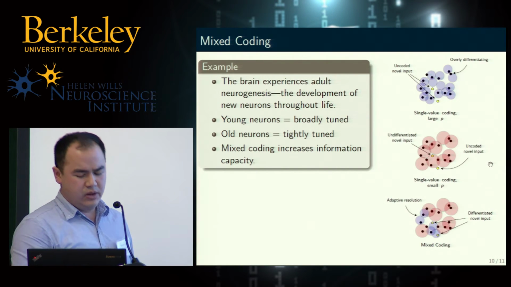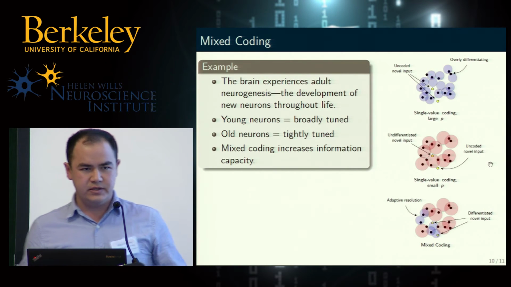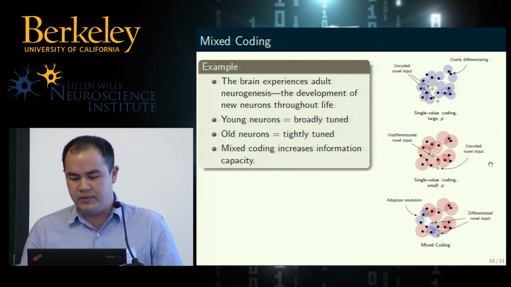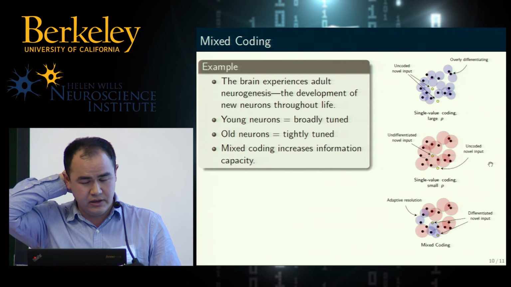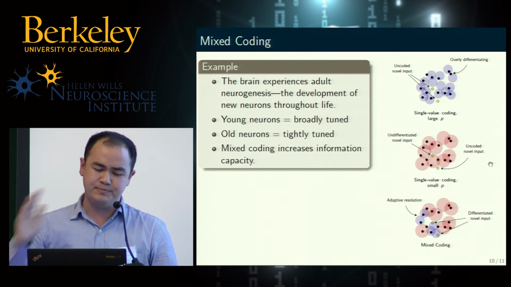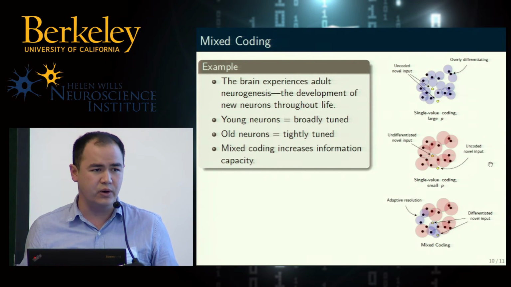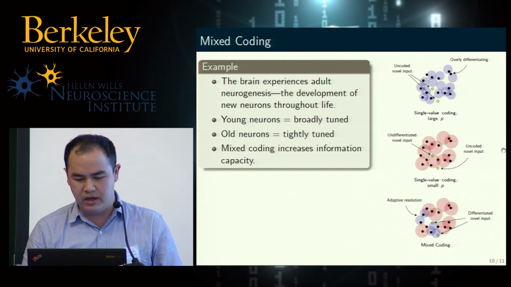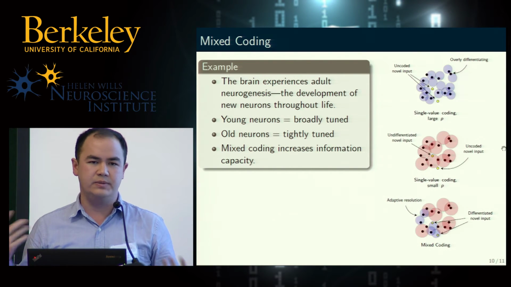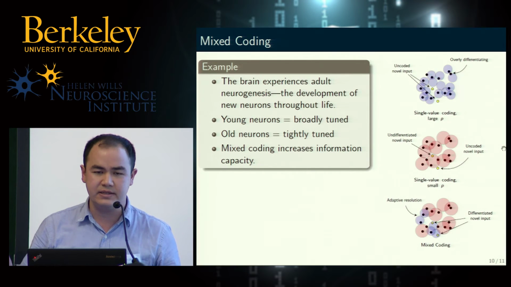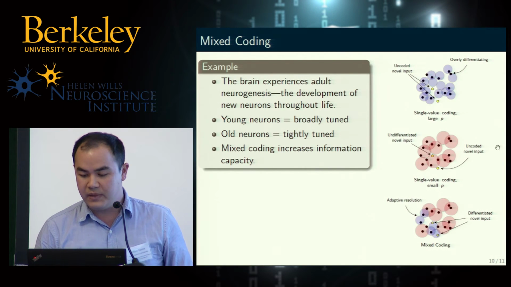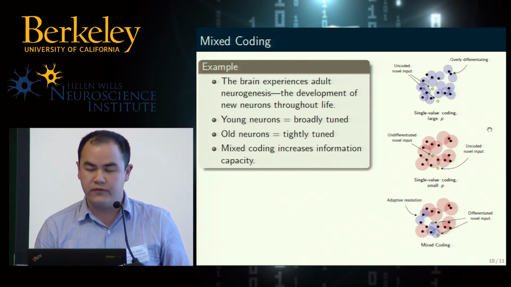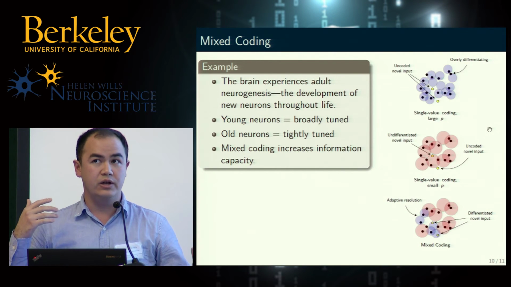The other thing that we looked at is adult neurogenesis, which is new neurons appearing throughout life. This happens in the dentate, and the neuroscience literature says that young neurons are more broadly tuned than older neurons. There's been some research showing that this helps increase information capacity, which makes sense. If you look at the diagram, with a fixed coding, you can't really adapt to new information, or if old information becomes newly important.